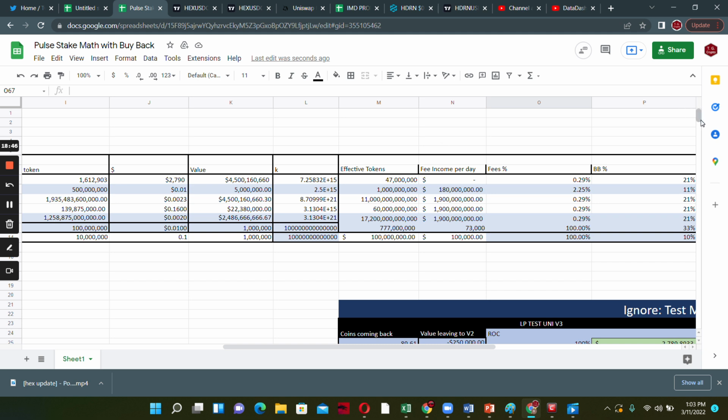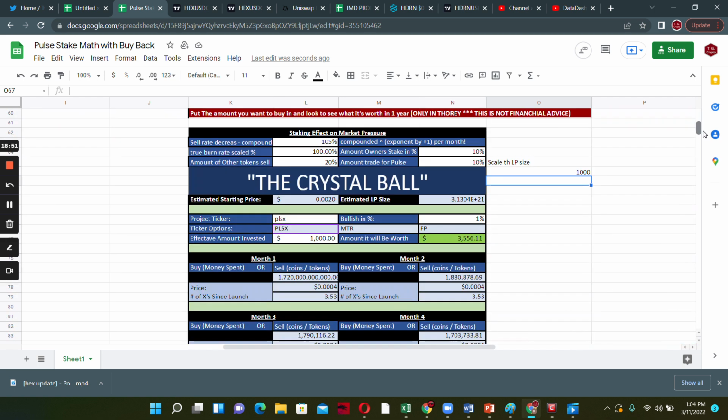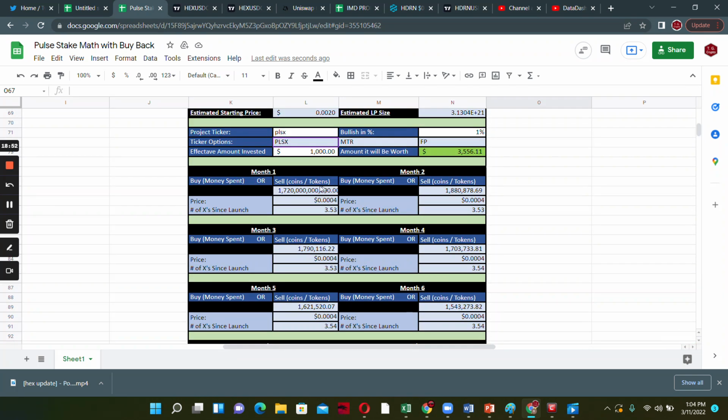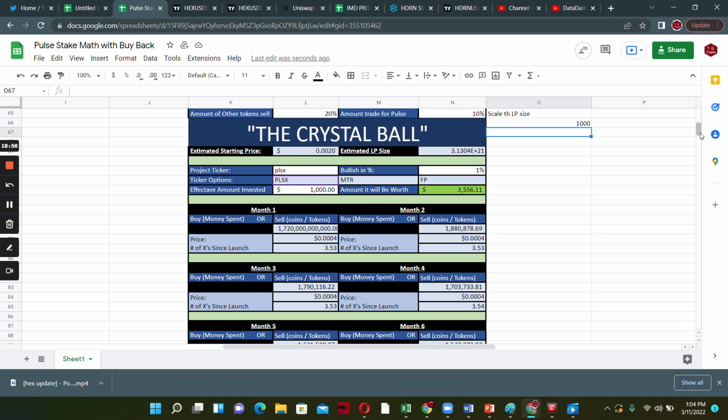So 1 trillion tokens would have to go in here, and that's where I get a funny thing with this huge sell-off effect. So there's a point where the system will have a harder time eating a sell-off like that, which is funny enough at this liquidity pool size. It's like a bell curve kind of effect here.